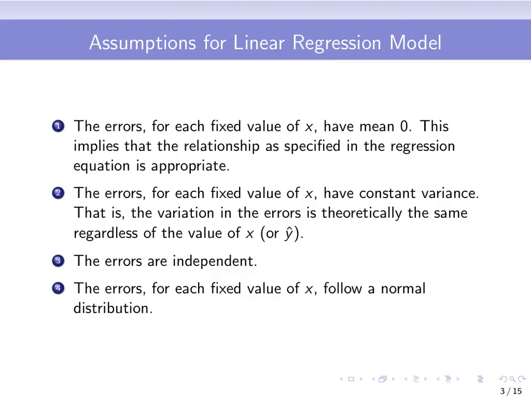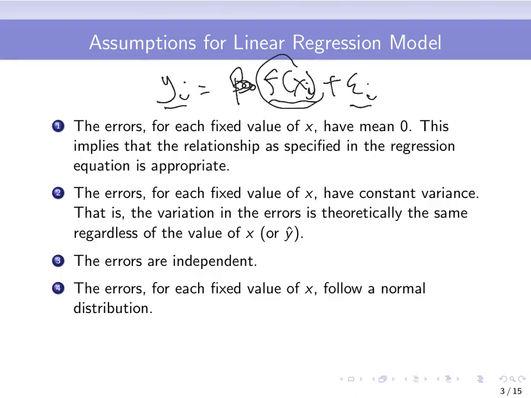If you think about how one thinks of the regression framework, we typically write it in this form: your response is equal to some function of your predictor plus the error term. If this function is correct, or a good approximation for the general relationship, then the errors for each fixed value of x should have a mean of 0.